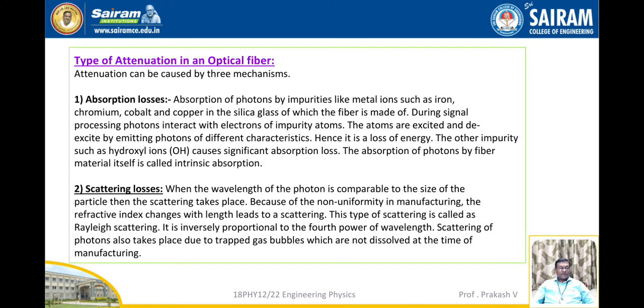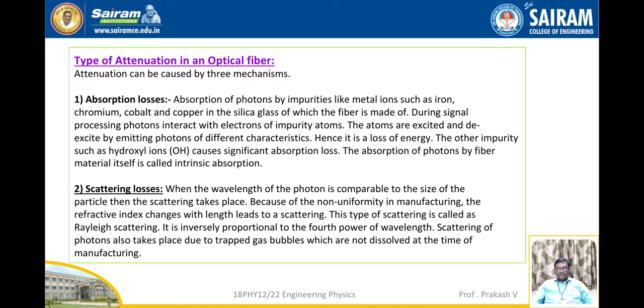Now, types of attenuation in an optical fiber. Attenuation can be caused by three mechanisms. One is absorption loss. In absorption loss, we discuss absorption of photons by impurities. Impurities such as metal ions are responsible for absorption losses.